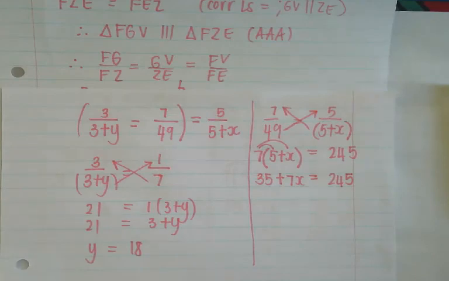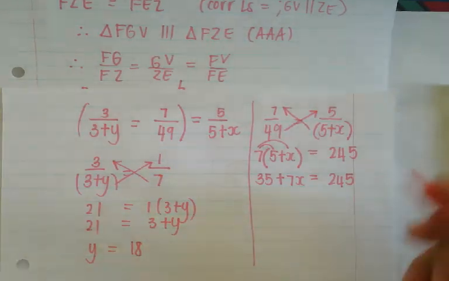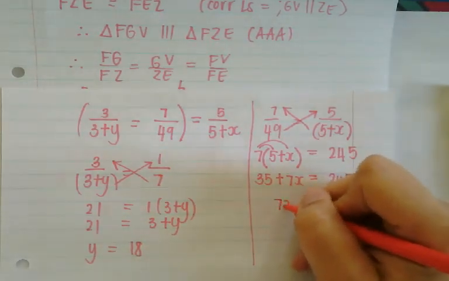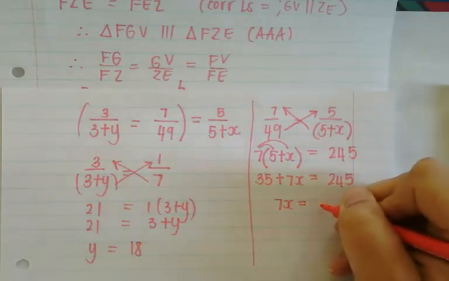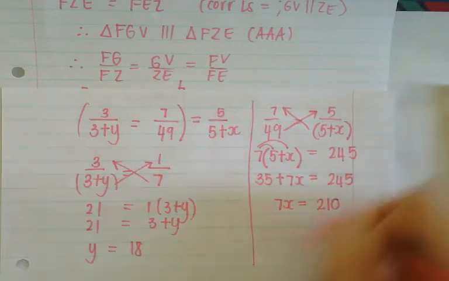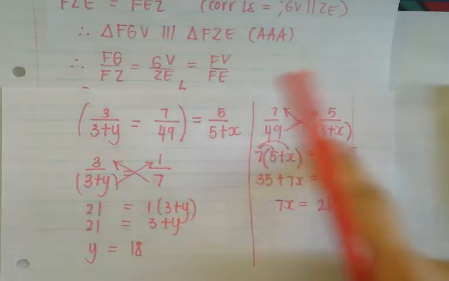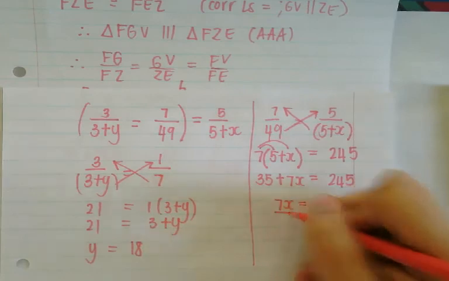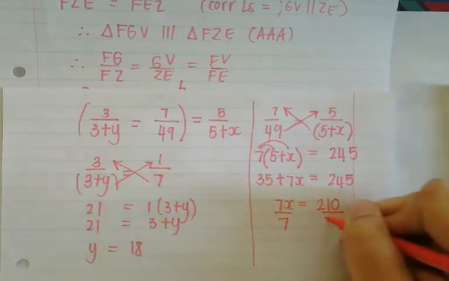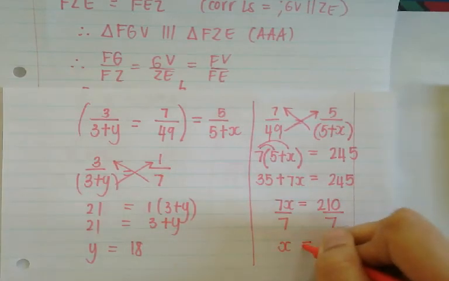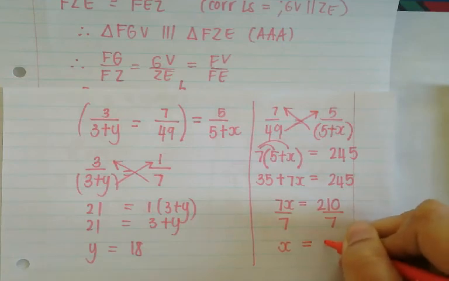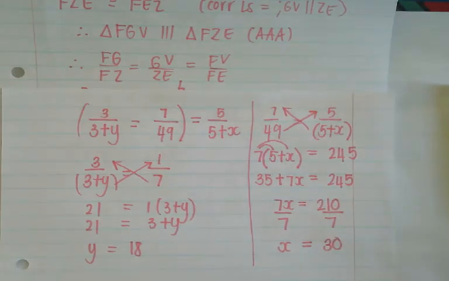So 245 minus 35 when it goes over is 210. Dividing both sides by 7, x is equal to 30.